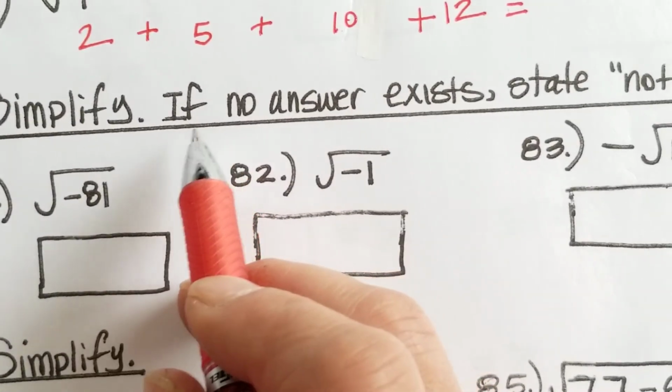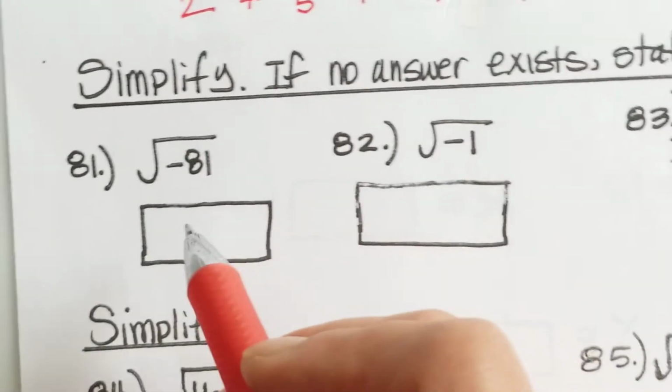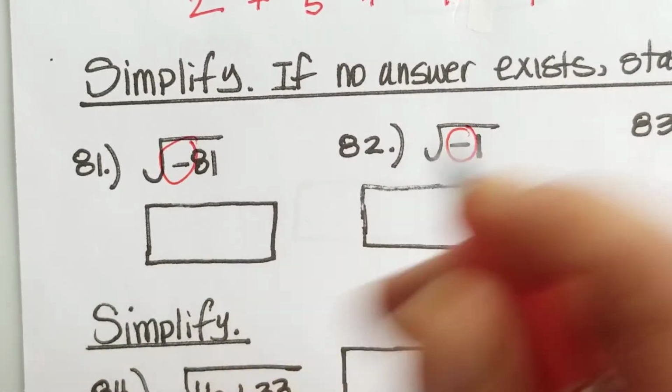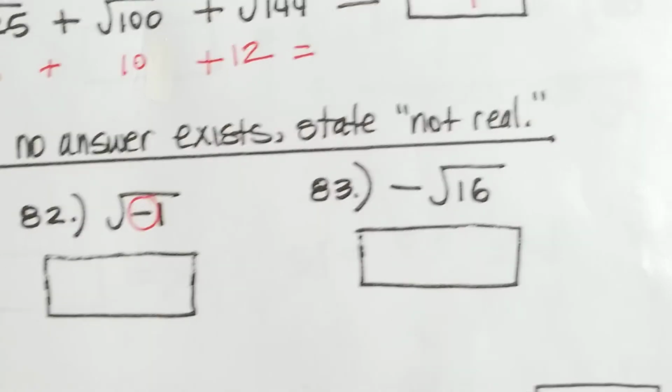And that's why I wrote simplify. If no answer exists, state not real. So anytime you have a negative inside a radical, that does not exist. It's kind of like undefined, but it's not, there's no real solution for that. So you're just going to write not real.